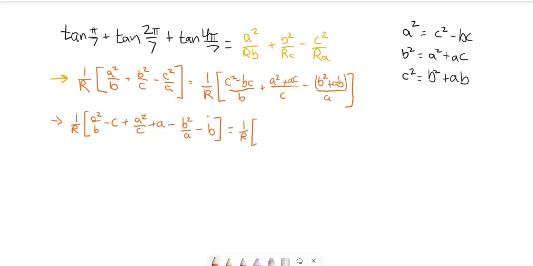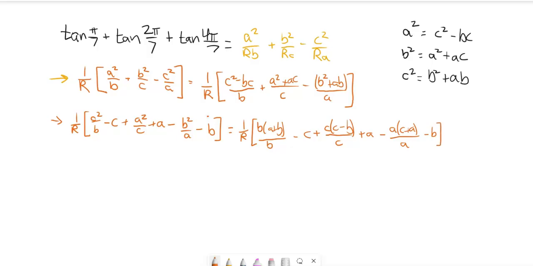So c squared is going to be b times a plus b over b minus c, plus c minus c over b over c plus a, minus a over c plus a over a minus b.